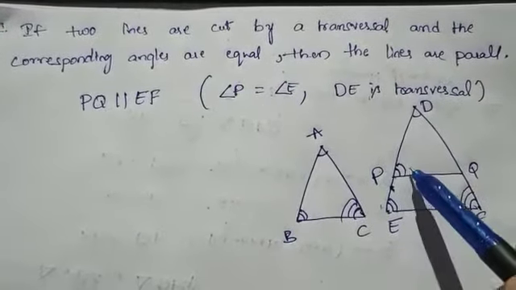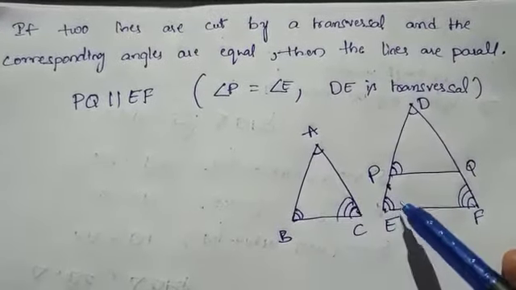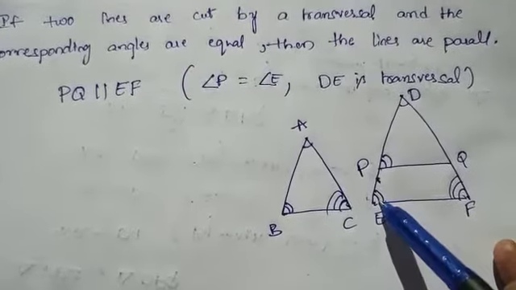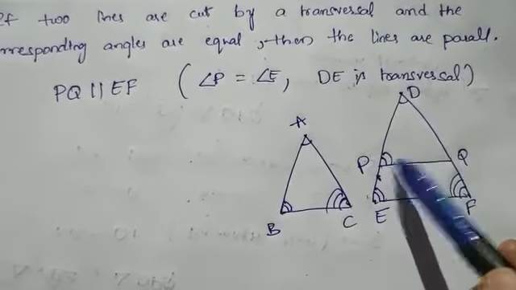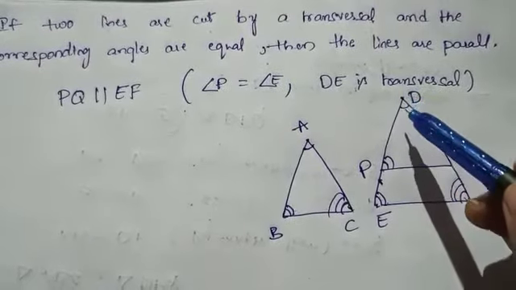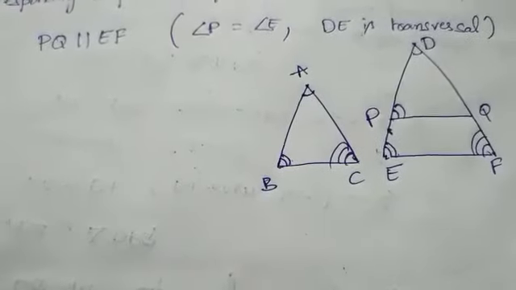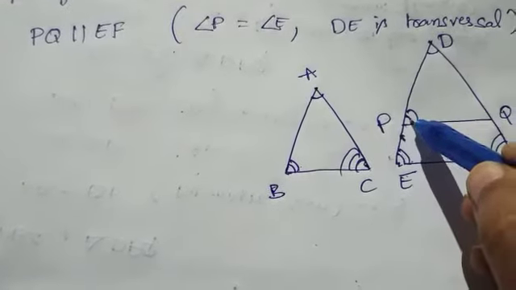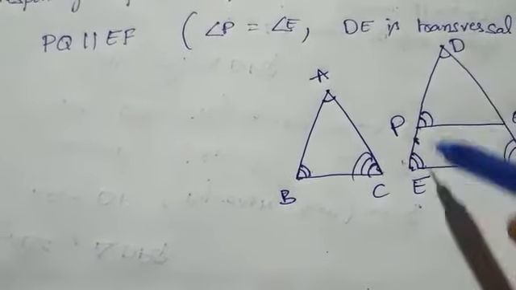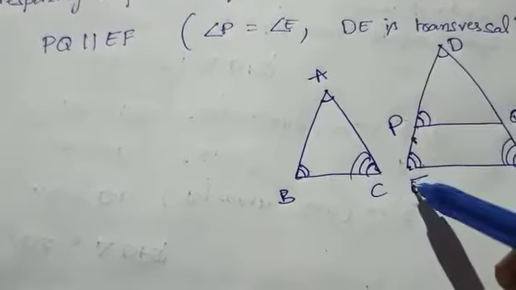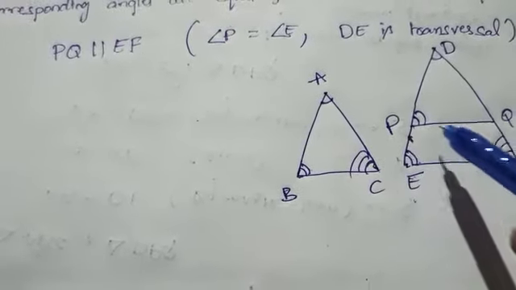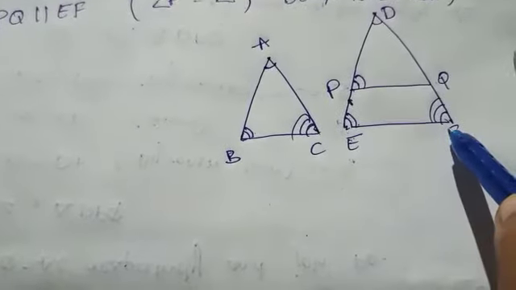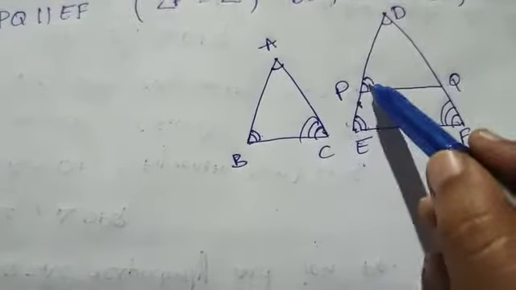Here angle B equals angle E and angle E equals angle P. Why? Here DE is the transversal line. The transversal cuts the two lines, PQ line and EF line, and corresponding angles are equal.